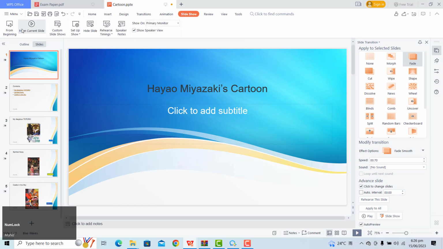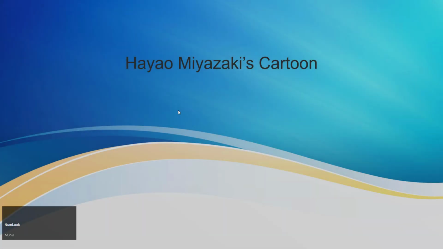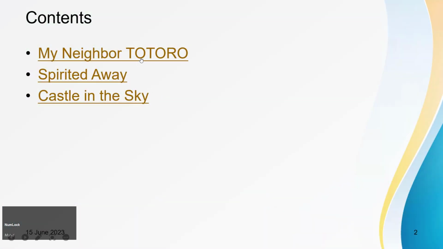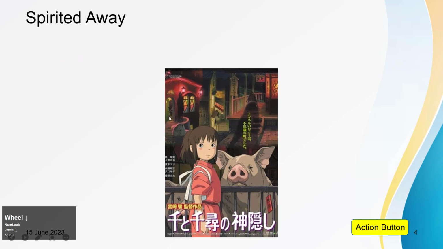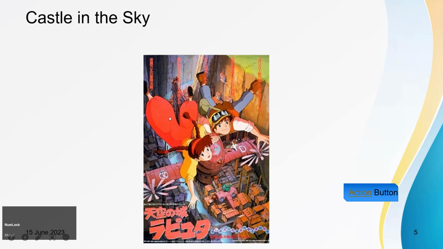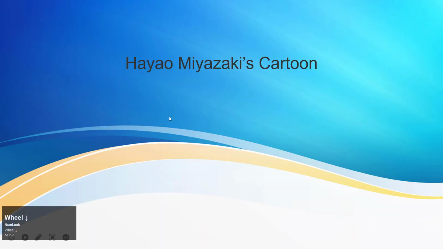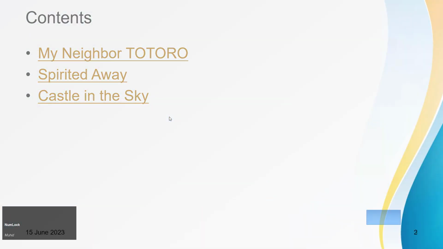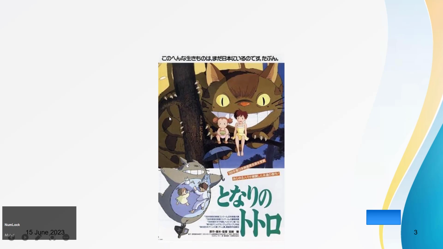Go on to slideshow, from beginning, and yes, it's fading. And now we can go everywhere we want, and it's working. And let's see, animation is also working. That's good.